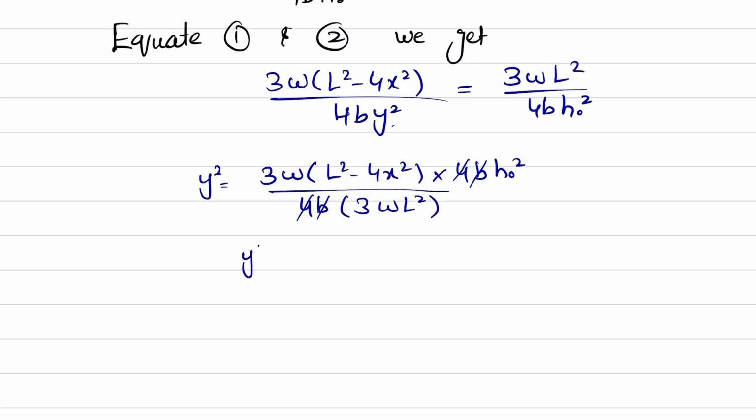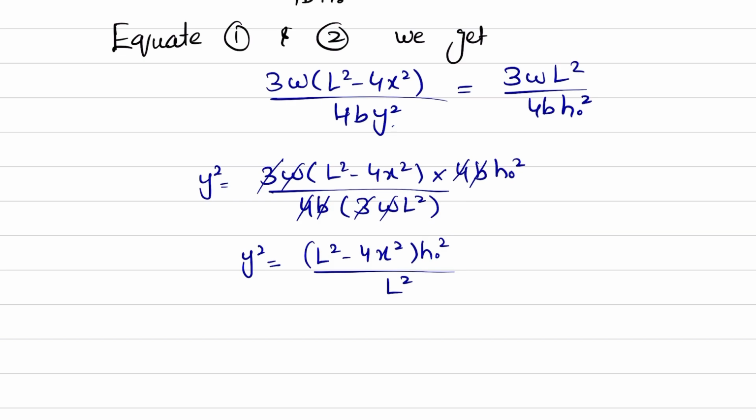So we will be left with y square equal to, 3w will cancel with each other, so we will be left with l square minus 4x square into h naught square over l square.